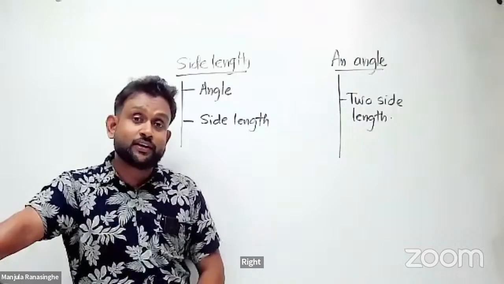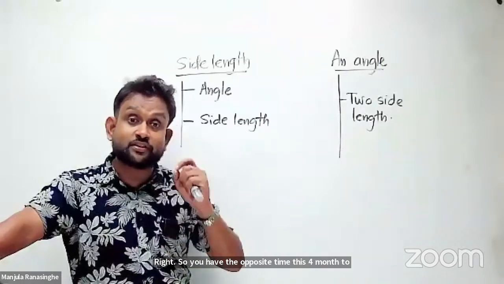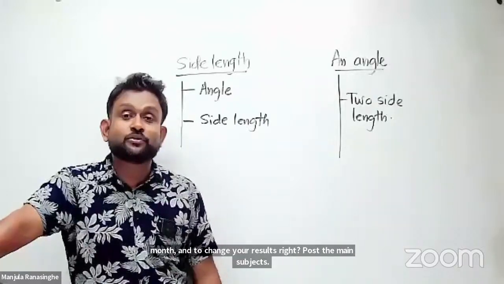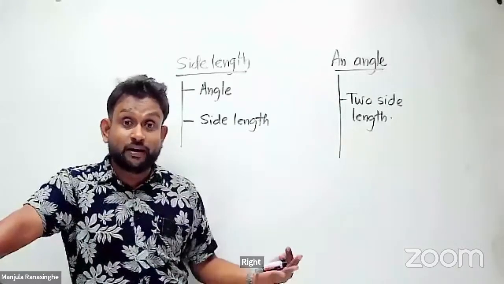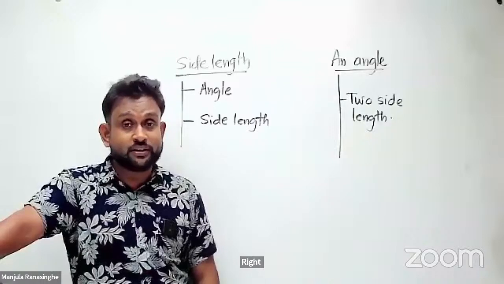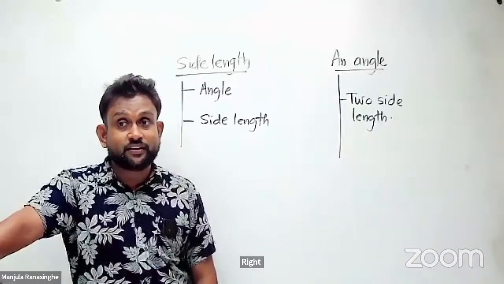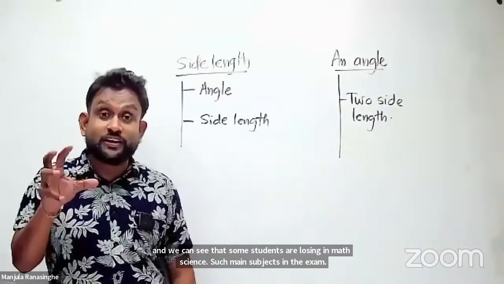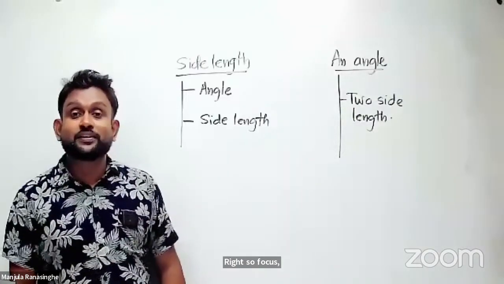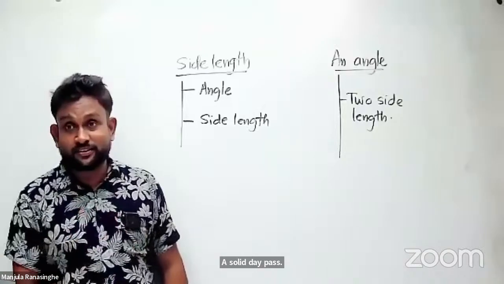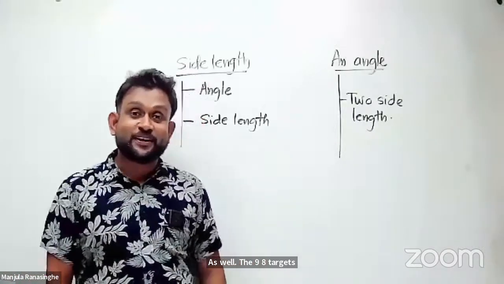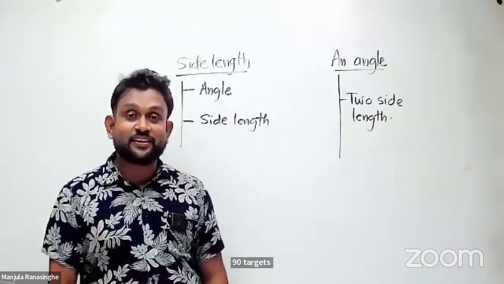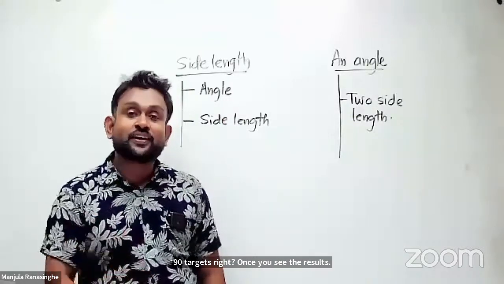Especially focus on the main subjects. We can see that some students are losing marks in main subjects such as math and science in the exam. So focus on getting solid A passes as well. Aim for 9 A passes. Once you see the result sheet, marvelous, you can see A passes in all the subjects.